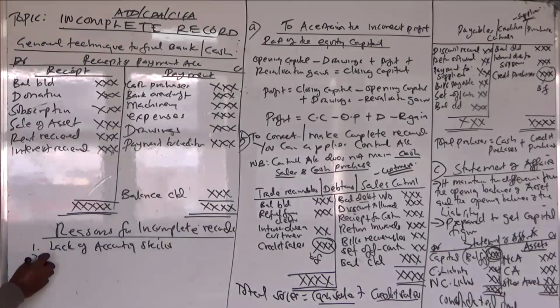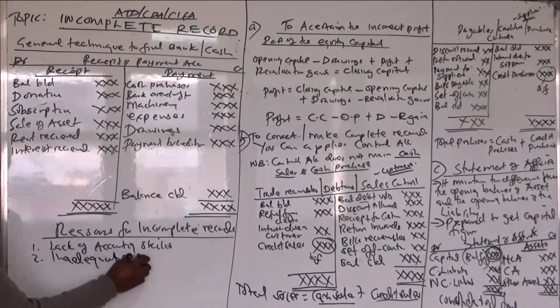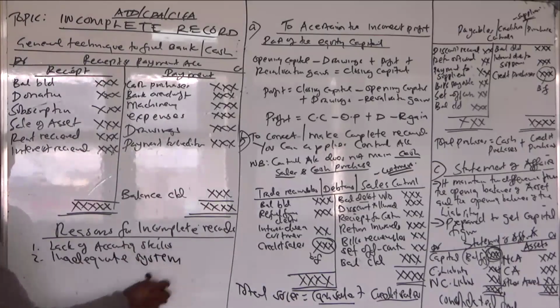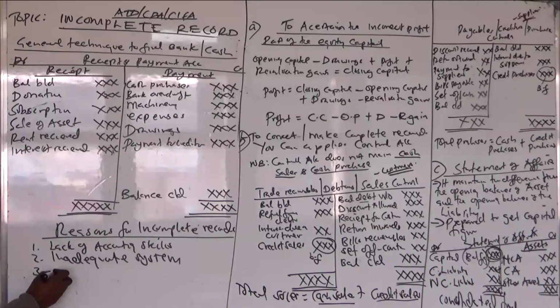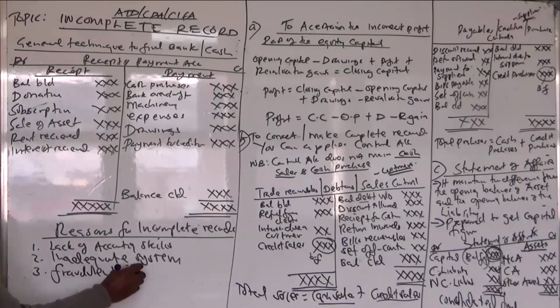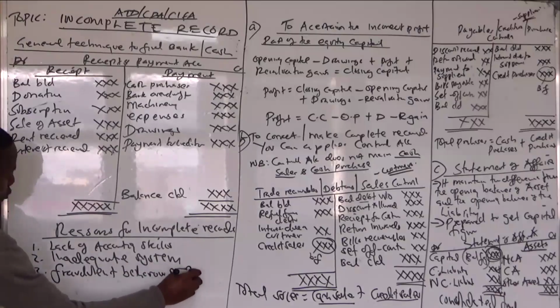Number 2, inadequate system. If the system is bad, it will produce errors. Number 3, maybe fraudulent behavior, e.g. confusion.